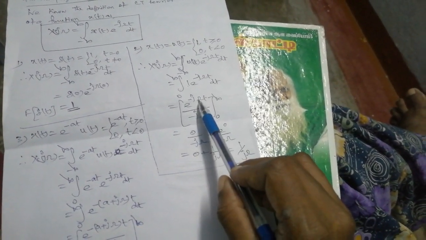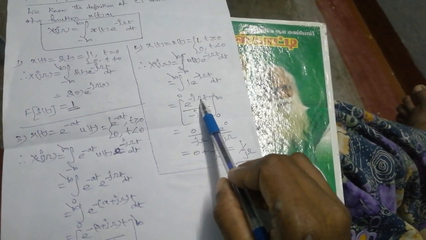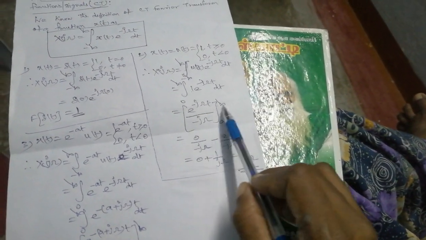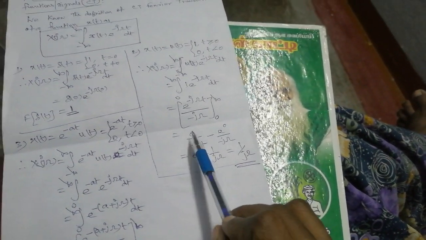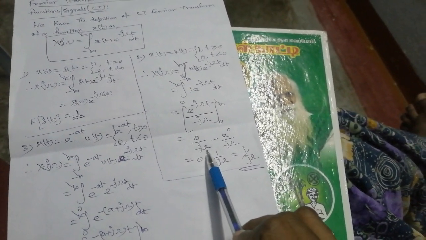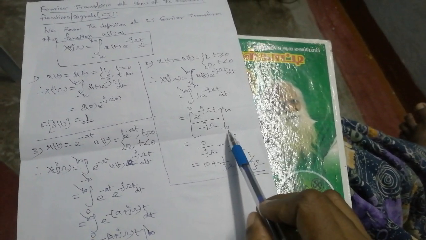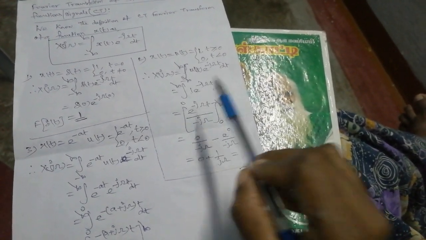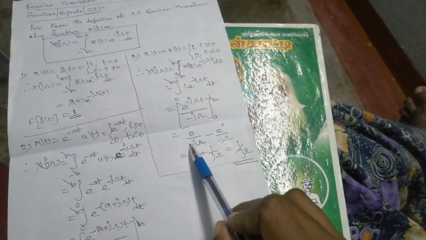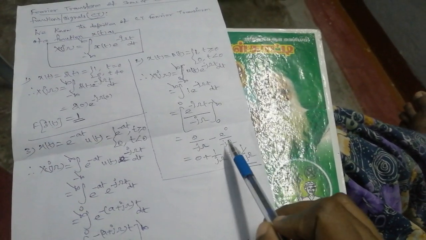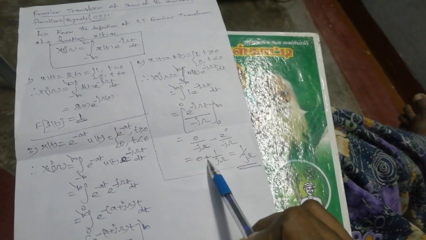If we put the upper limit, it becomes e power minus j infinity, e power minus infinity. We know e power minus infinity is 0, so it is 0 by minus j omega. Minus, with respect to the lower limit, it becomes e power 0 divided by minus j omega. So this term is again becoming 0. Minus of minus will make plus.